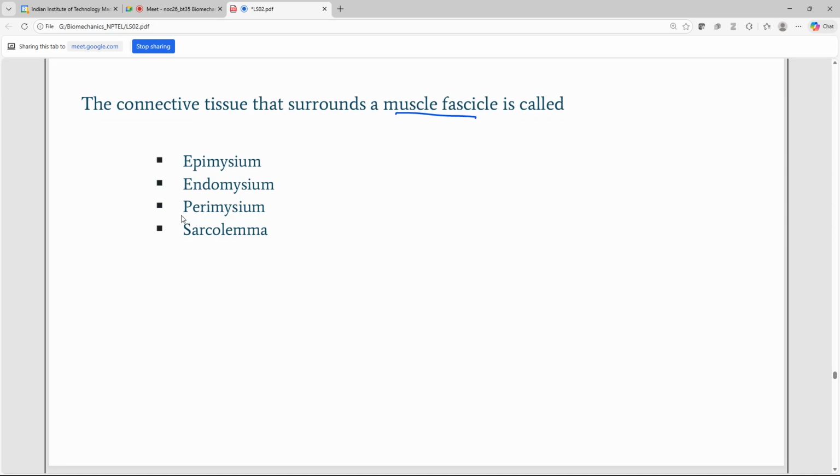The answer is option C, perimysium. The connective tissue that surrounds a muscle fascicle is called perimysium.